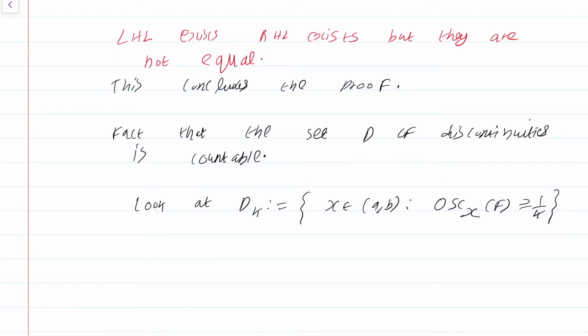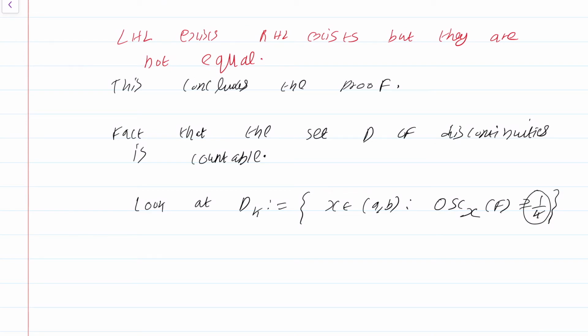At a point of discontinuity, by an easy exercise that I have given, you can show that the oscillation will have to be non-zero. In fact it has to be a positive quantity just by the way the oscillation is defined. So look at those points where the oscillation is at least 1 by k.